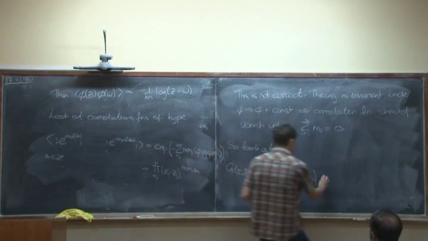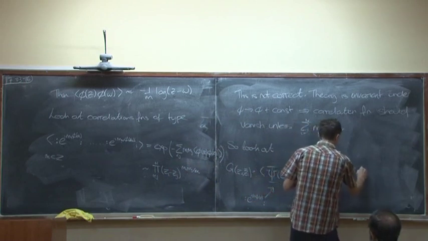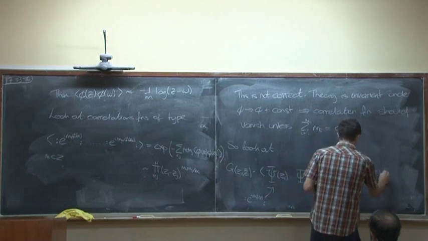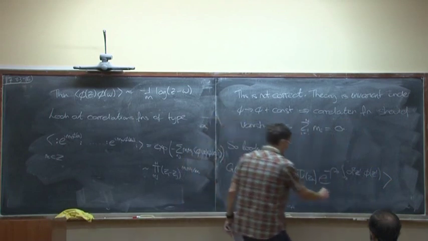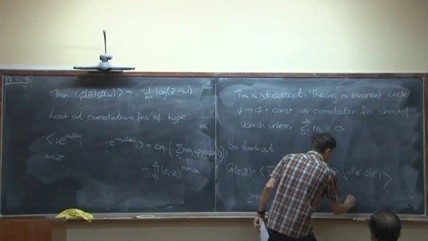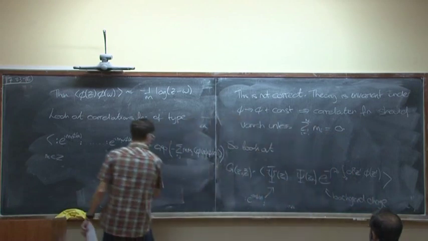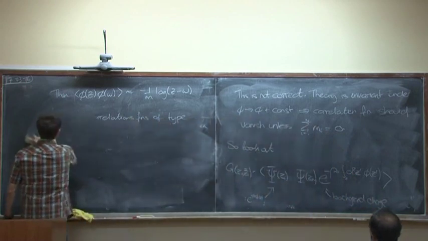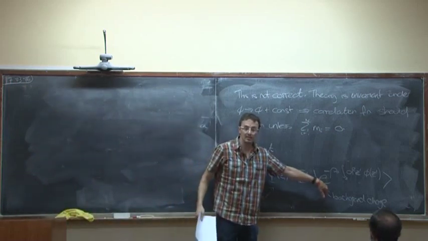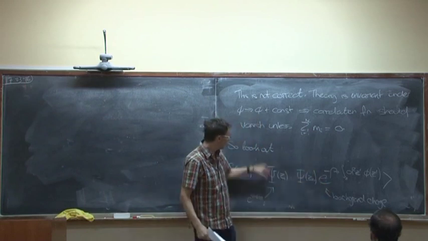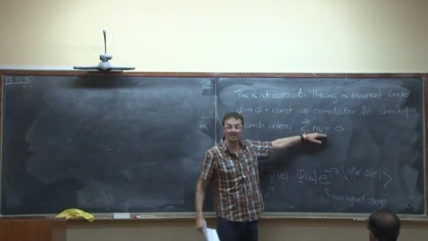So we need to soak that up with something. When we soak that up, it's called a background charge. And we'll spend some time thinking about what this background charge is. And the role of this thing here is going to be just to cancel off all the e to the i m's from these so that the whole thing makes sense.